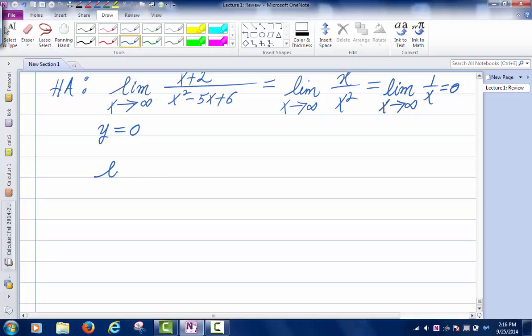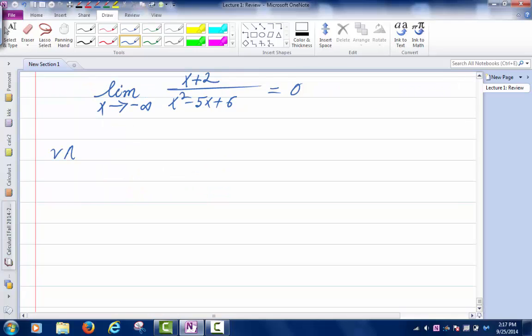You need to also look at the limit as x goes to negative infinity of the function. However, in this case, you're not going to get a different number. That limit is still 0. So you get only one horizontal asymptote. If the limit at negative infinity was different, you would be getting another horizontal asymptote.